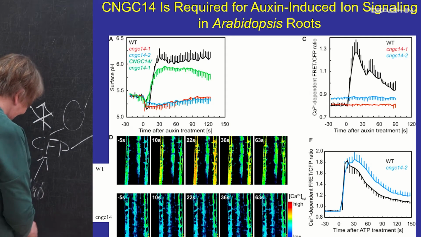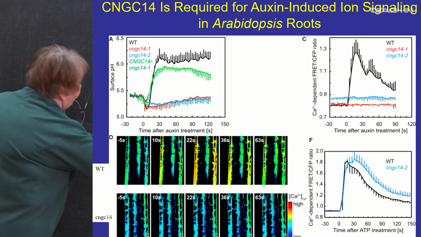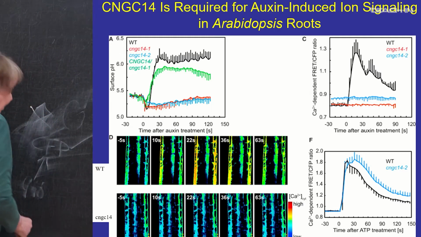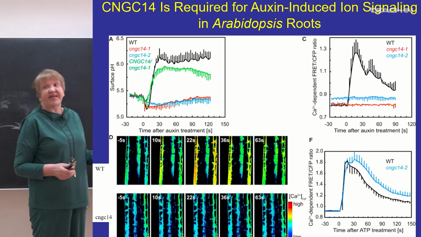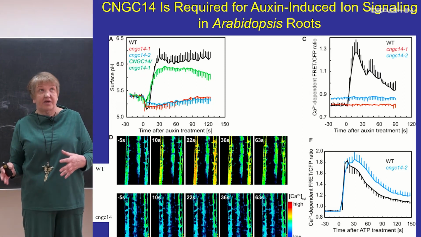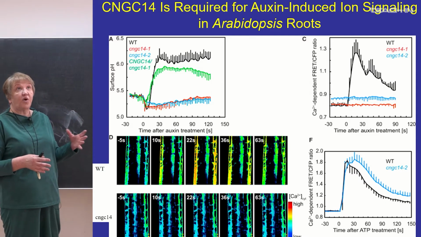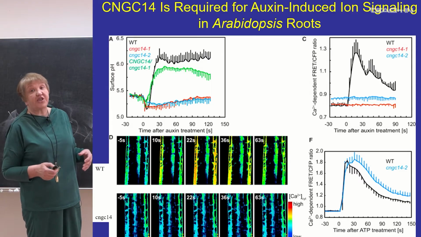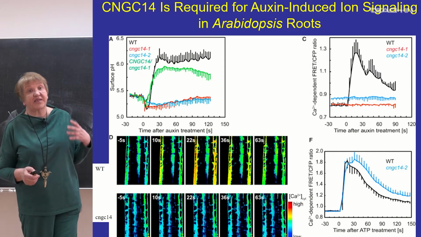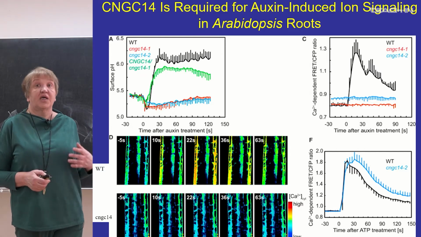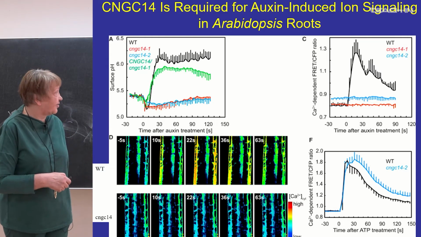So by dividing the emission of CFP to the YFP, you can get changes in cytoplasm. You can get an estimate of calcium concentration inside the cell.